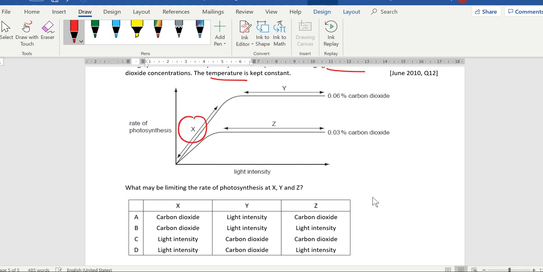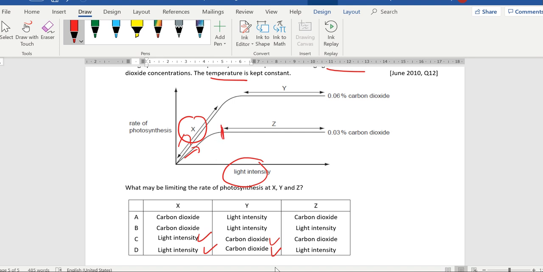So at X, we know that if the graph goes up, then the limiting factor is the one down here, so light intensity. At Y, we know that it's not light intensity anymore. So this is correct. At Y, it is carbon dioxide.